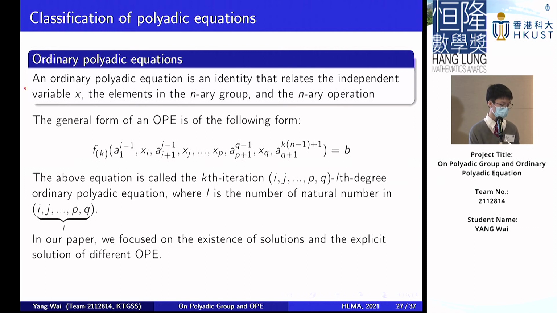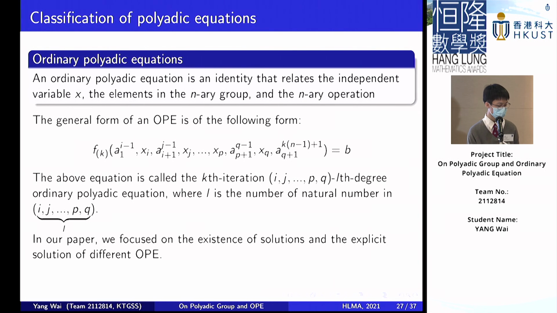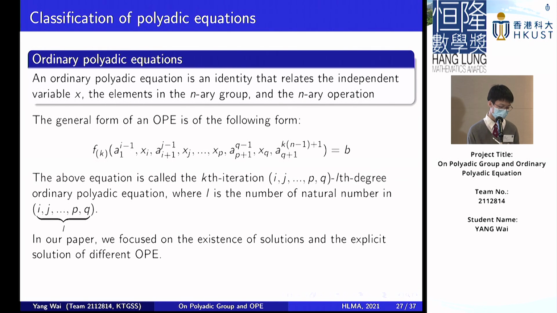The definition of it is that an ordinary polyadic equation is an identity that relates the independent variable x, the elements in x, and the n-ary operations. The general form of the OPE, the ordinary polyadic equation, is of this form, and we call it the kth iteration ij up through pq, nth degree OPE. The kth iteration is about the iteration of f, and the ij up through pq is the place where the independent variables are.